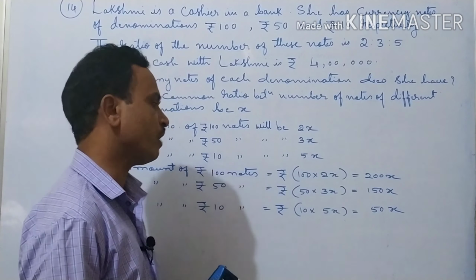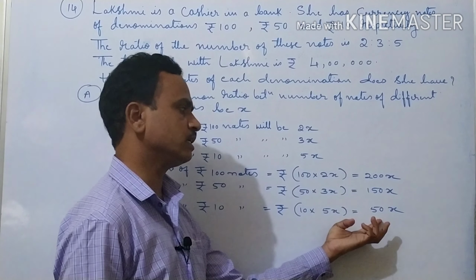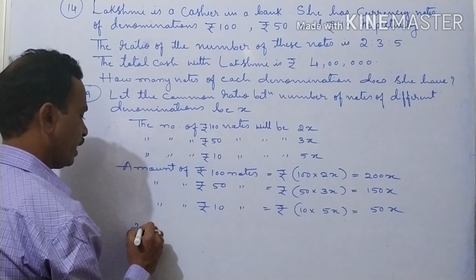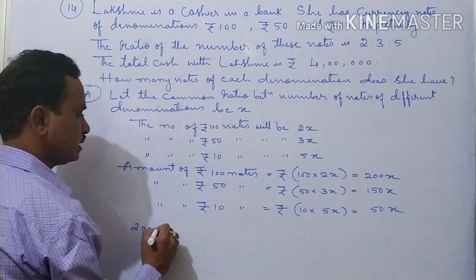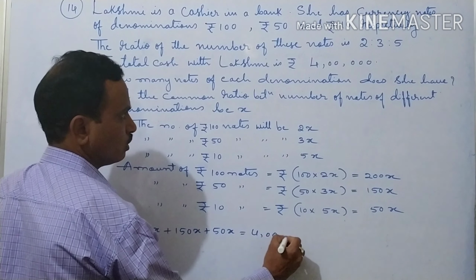The amount of rupees 10 notes: 10 into 5x, that is 50x. Then the total amount is given as 4 lakh rupees. So 200x plus 150x plus 50x is equal to 4 lakh rupees.